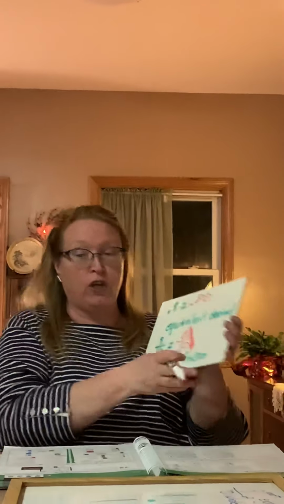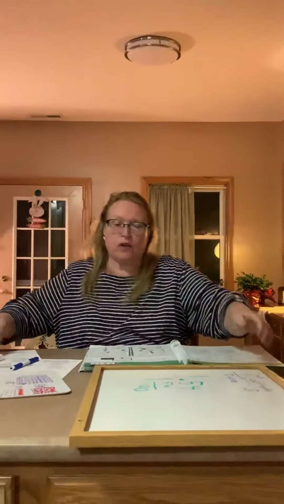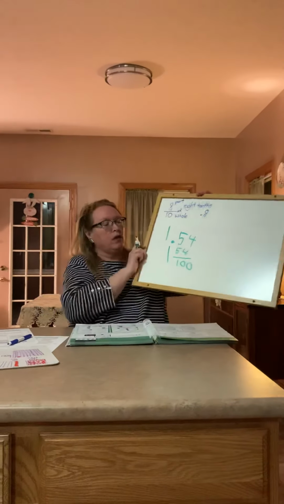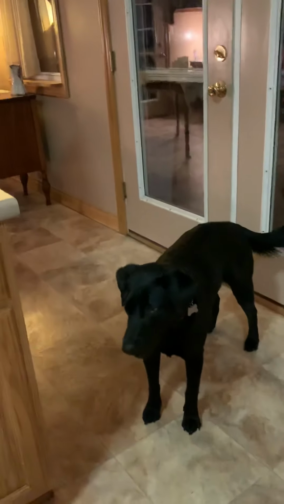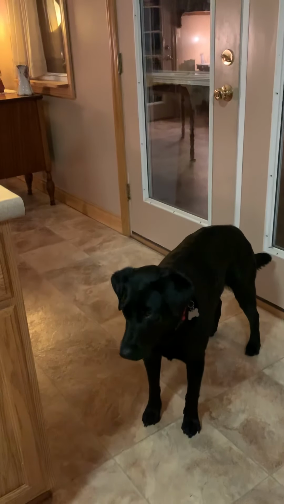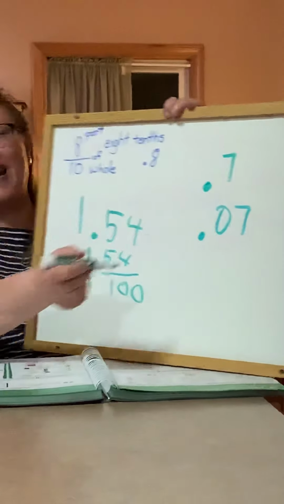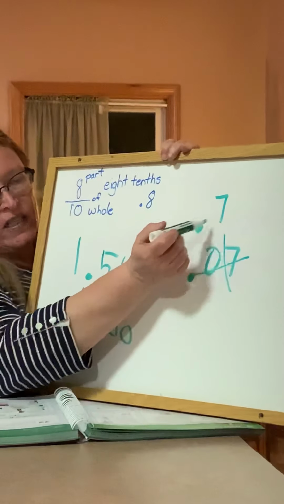Now, make sure that you know, I don't want you to get confused because some of you are going to go, no, wait a minute, she said this. You've got to make sure that you understand, hold on. Those two numbers right here are not equal. This is 7/10.